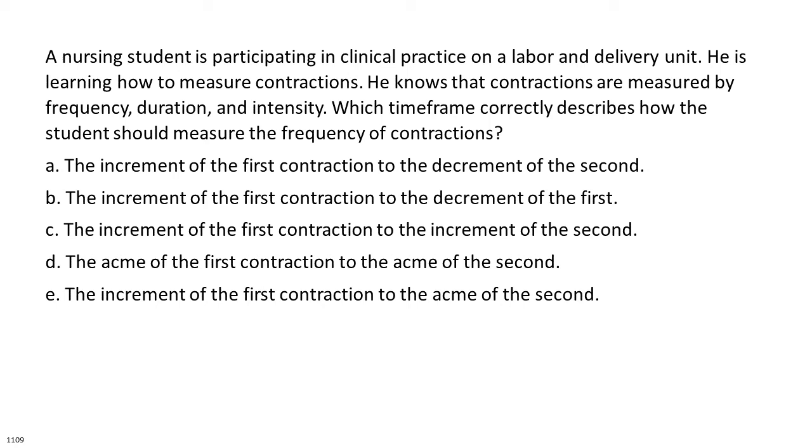A. The increment of the first contraction to the decrement of the second. B. The increment of the first contraction to the decrement of the first. C. The increment of the first contraction to the increment of the second. D. The acme of the first contraction to the acme of the second. E. The increment of the first contraction to the acme of the second.